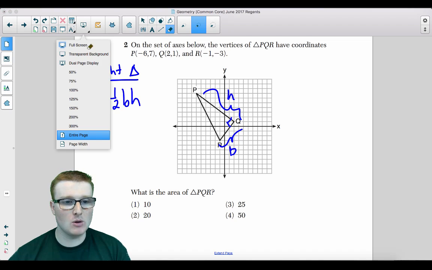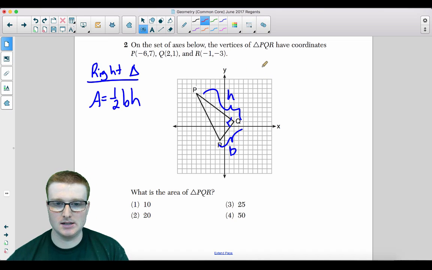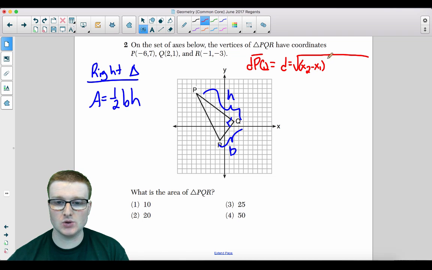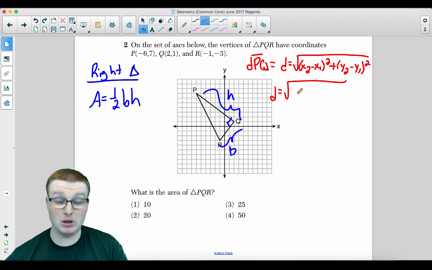I'm going to take the distance of PQ. The distance formula is D equals the square root of x2 minus x1 squared plus y2 minus y1 squared. Pretty simple. So now let's take those coordinates and plug them in.